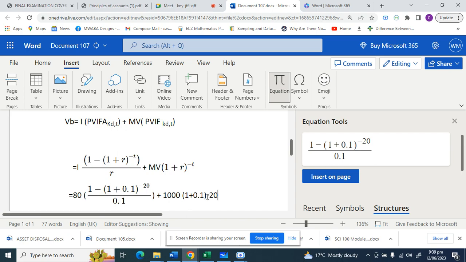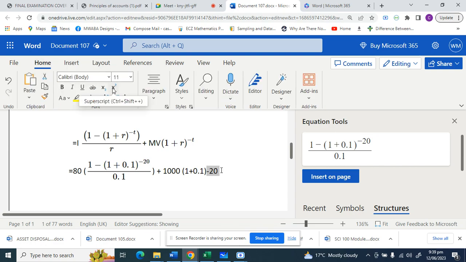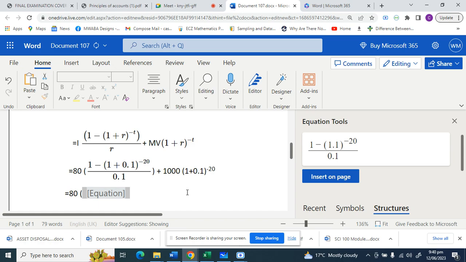Yes. Let's get our calculators, colleagues.